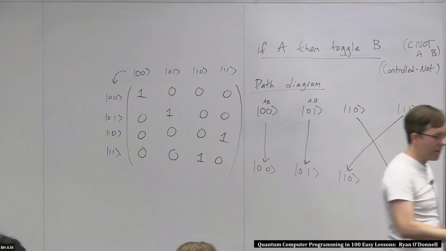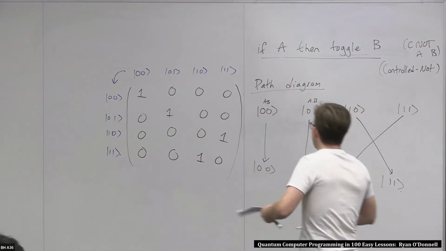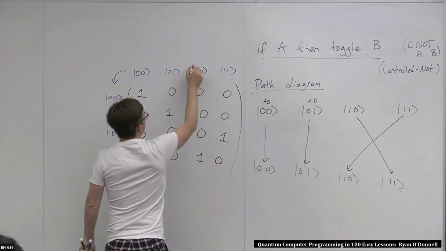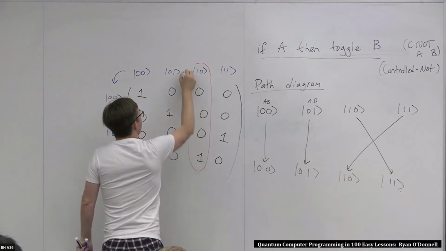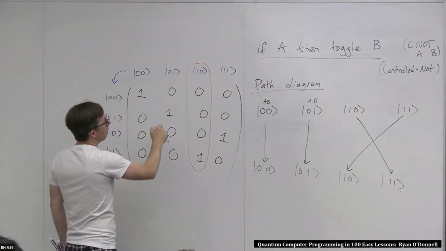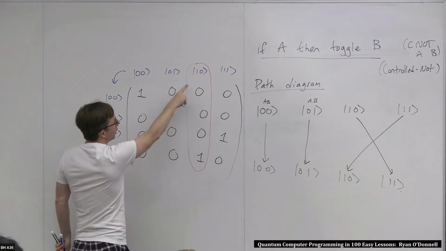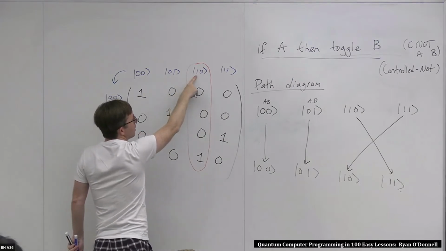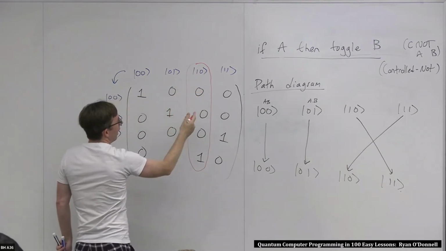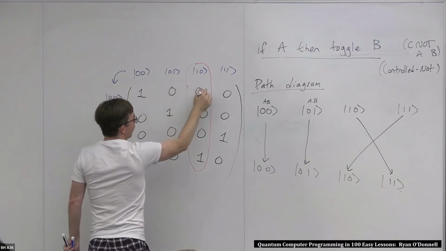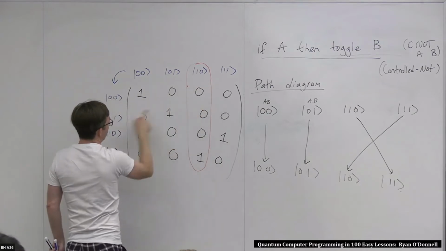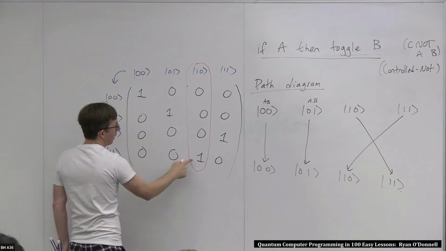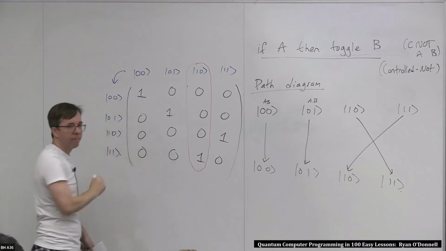And again, just as a way to read this, what's going on with this column? This column is indicating that if you are doing this C naught operation and the incoming bits are in basic state 1, 0, then the outgoing state will have no amplitude on 0, 0, no amplitude on 0, 1, no amplitude on 1, 0, and amplitude 1 on 1, 1.